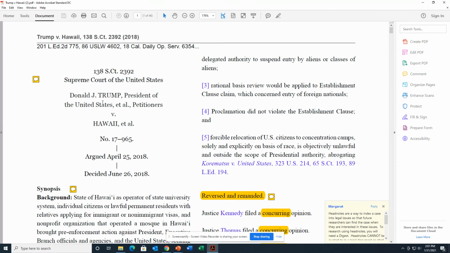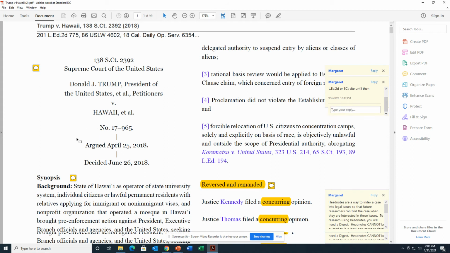Trump versus Hawaii. So this is my case name. At this point, there's no official reporter site, so you can use the Lawyer's Edition second or the Supreme Court Reporter section until then. There's probably an official reporter site right now. So it would be Trump versus Hawaii, 138 S. Ct. 2392, and then 2018 is your date.